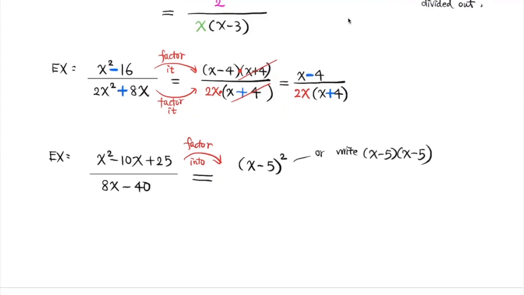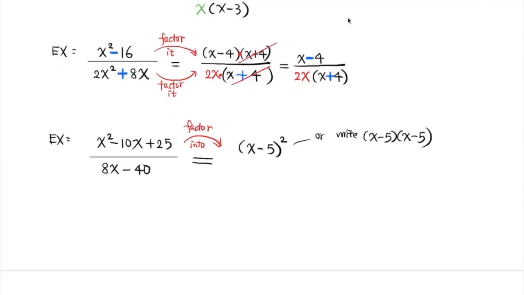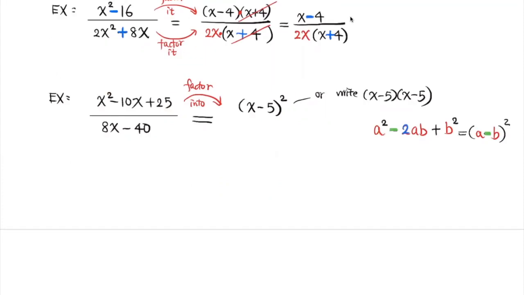Now you might wonder, how can I recognize that this is a perfect square? So let's do a quick review here. We know that a squared minus 2ab plus b squared is the perfect square of a minus b. For x squared minus 10x plus 25, I first recognize that this one here is the square of x.